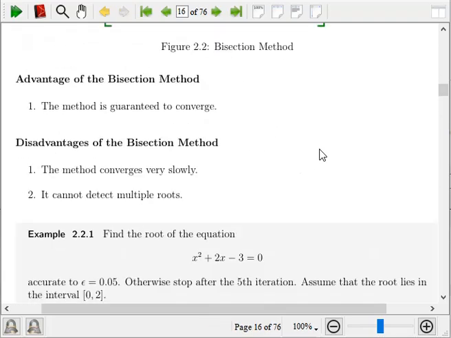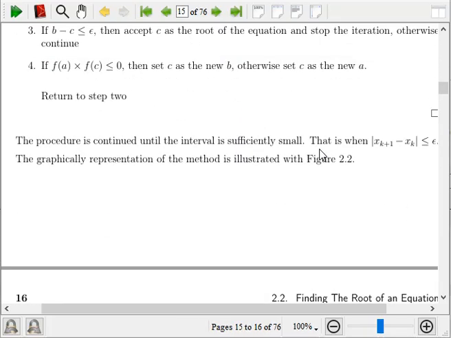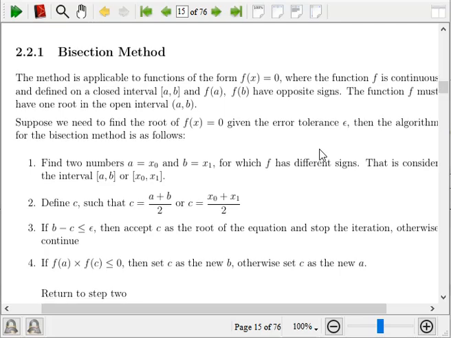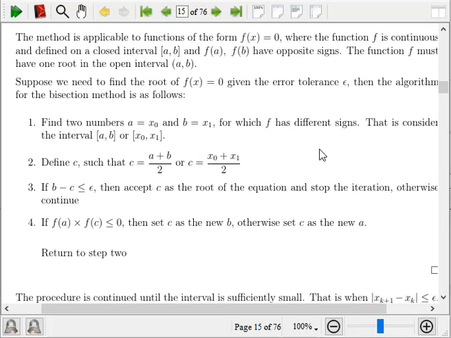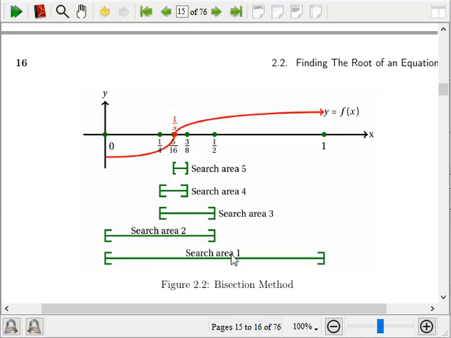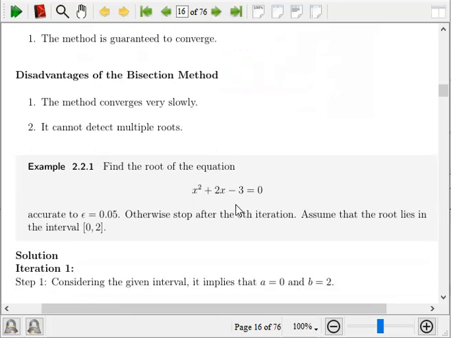A quick recap of the bisection method. As I said, the bisection method is one of the methods for solving transcendental or polynomial equations. It deals with halving the interval in which the root lies until a smaller or minute interval is obtained, and that interval will definitely be a point which is taken as the root of the equation.